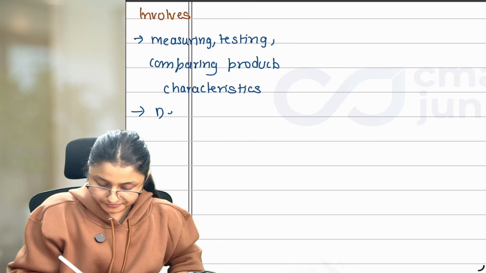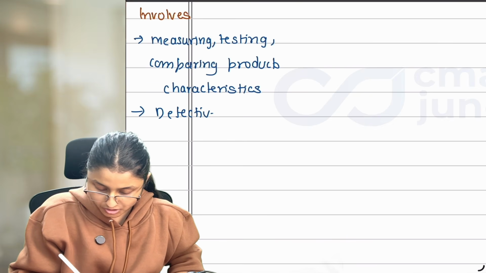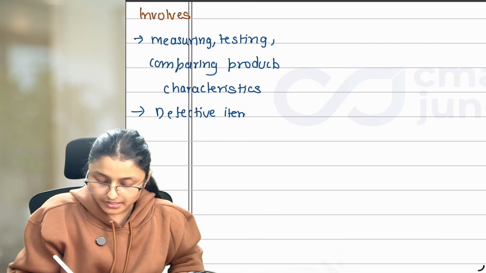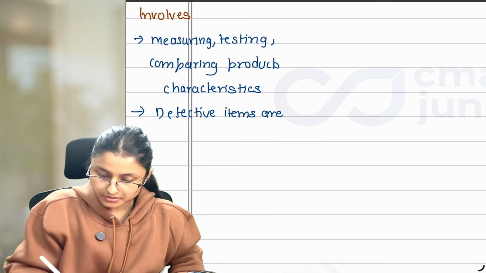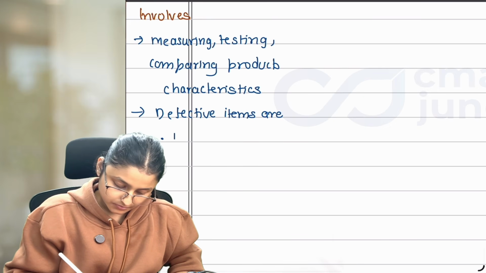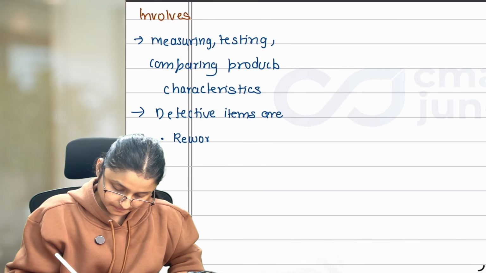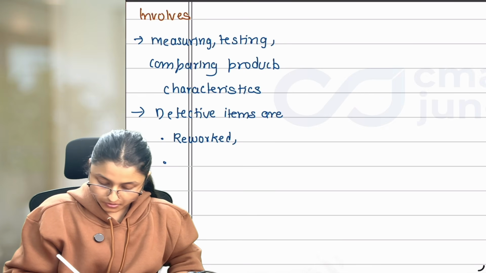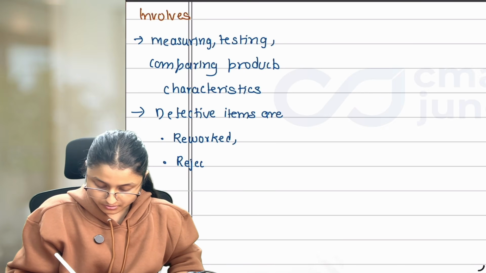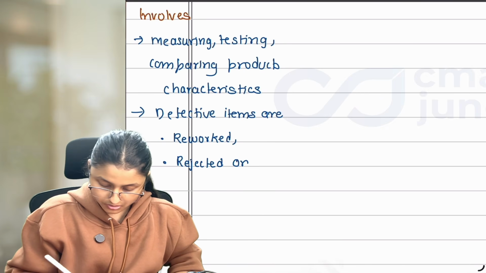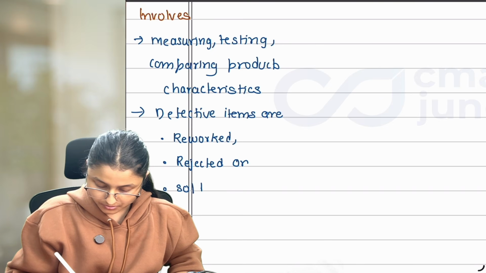If there is any defective item found in inspection, then what will we do with that? Defective items are reworked or rejected or sold at discounts.